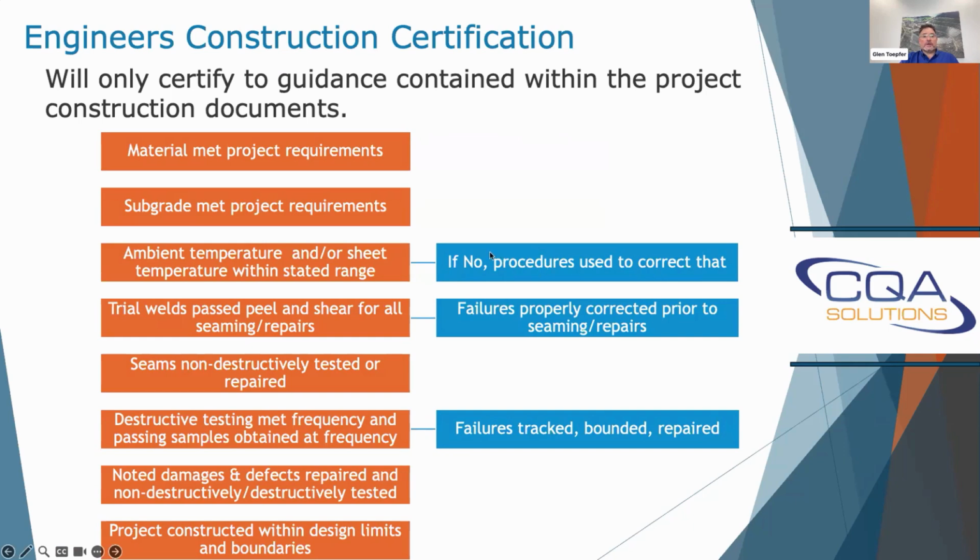It might have been where they shaded the welding apparatus or shaded the seam so they got it down into the correct temperature, things like that. So everything's going to be checked by the engineer before they sign off on it. And anything to do with the seam and the adjoining membrane being damaged, there's nothing they can do about it if it's not in the specifications.